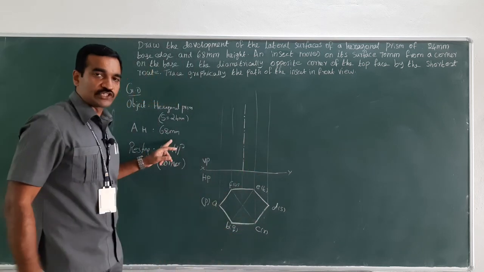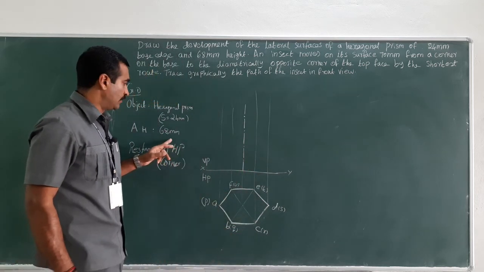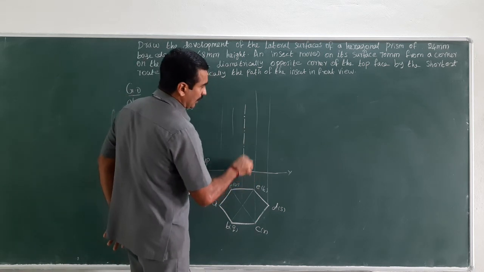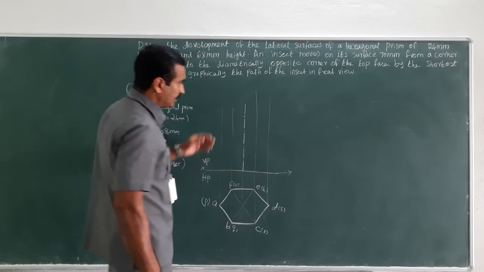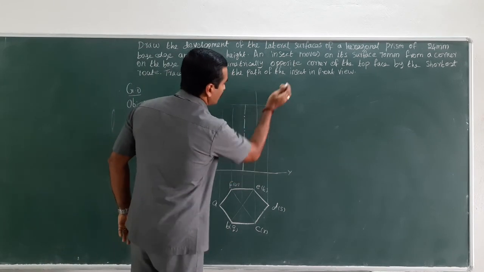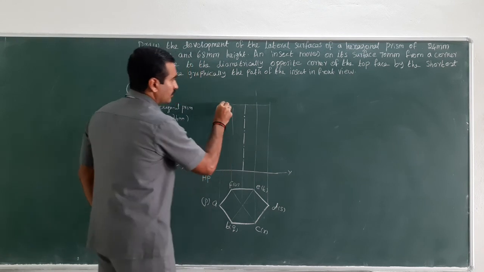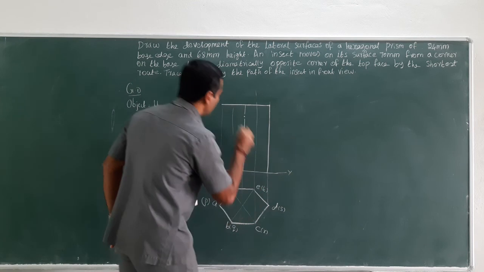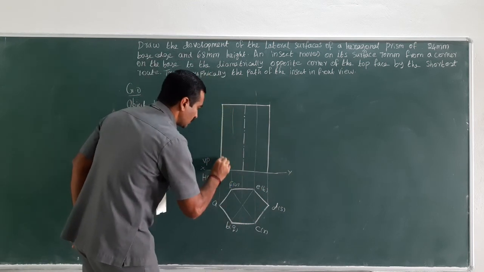Now the axis height is 68 mm. From the base, that is from the XY line, cut an arc, which is nothing but the axis height. Now close the boundary without any ambiguity or doubt.